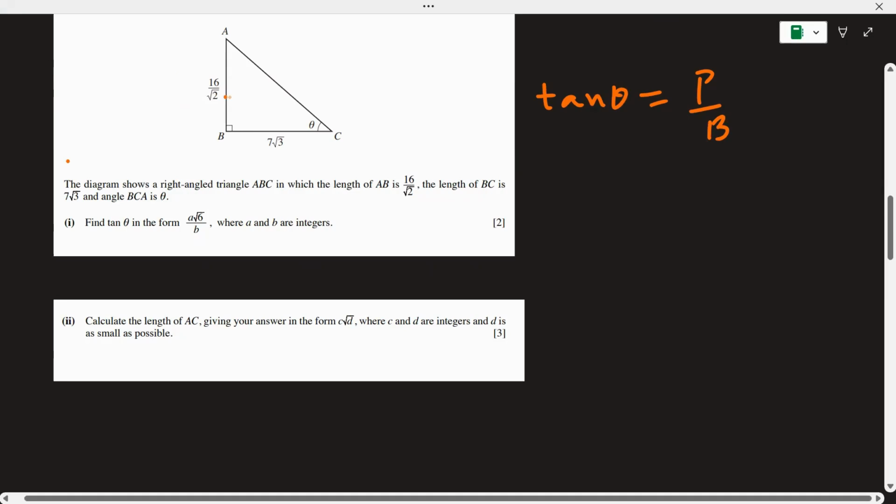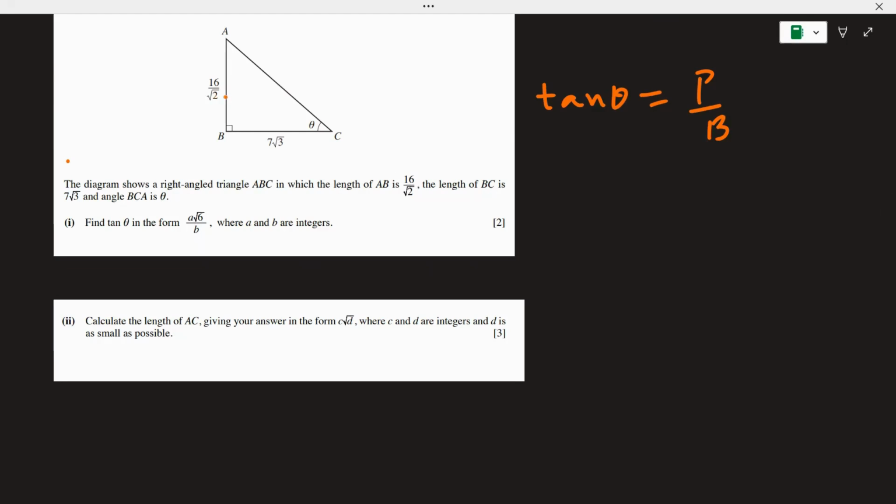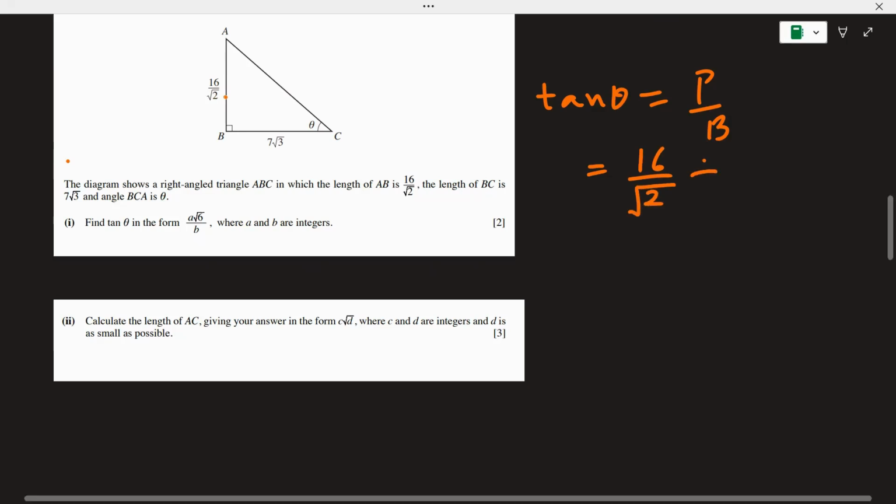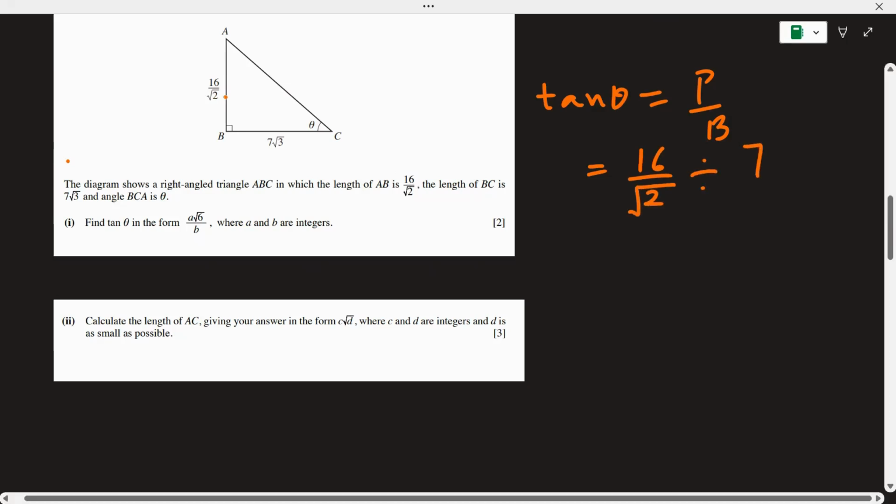This line, which is called adjacent, is the base. It's between 90 and theta, so this is the base, and the other line is the perpendicular. So here you will write 16 under root 2 divided by 7 under root 3.